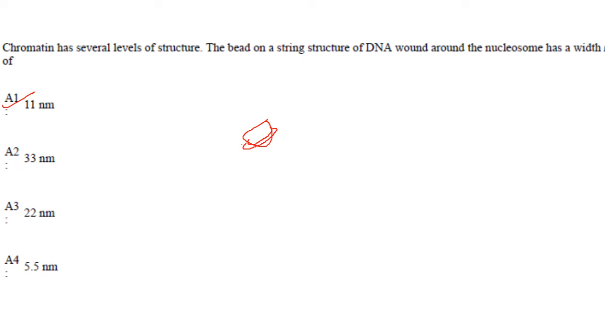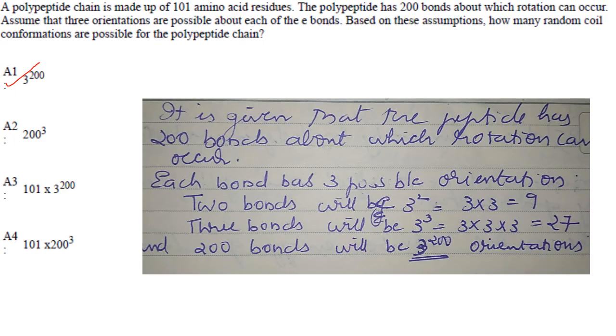They have asked for the diameter of this particular structure, that is the bead on a string structure of the DNA wound around the nucleosome. It has a width of 11 nanometers.